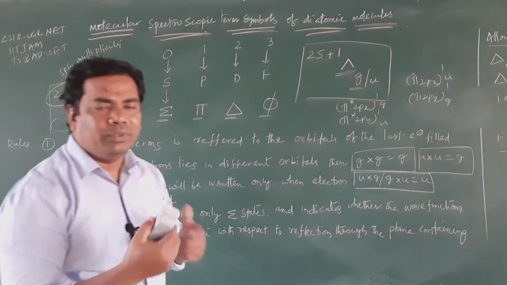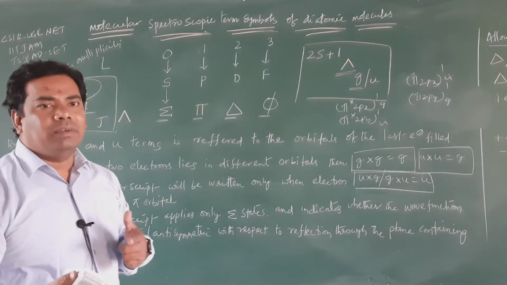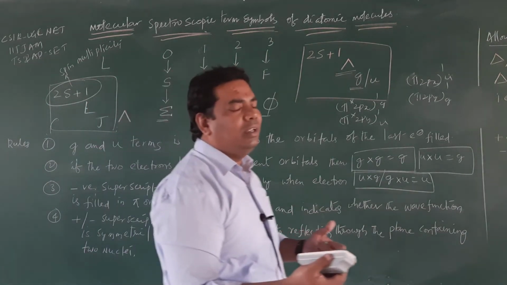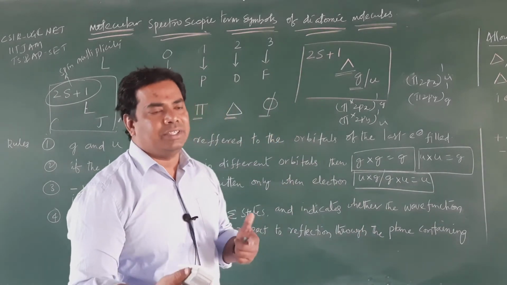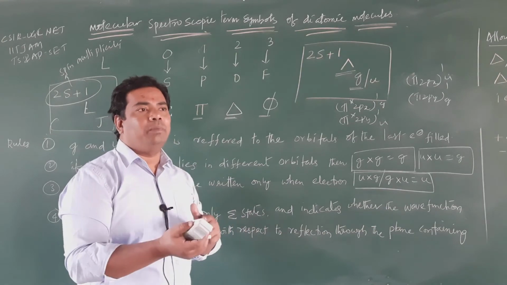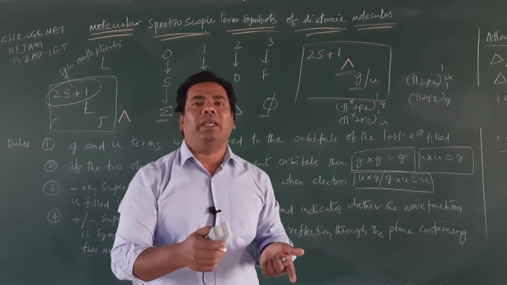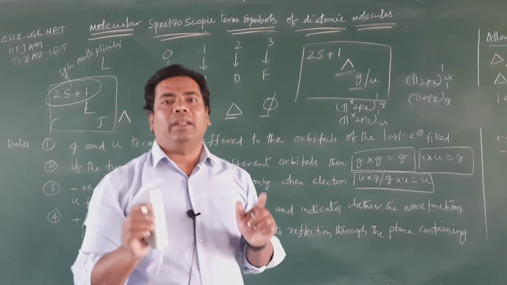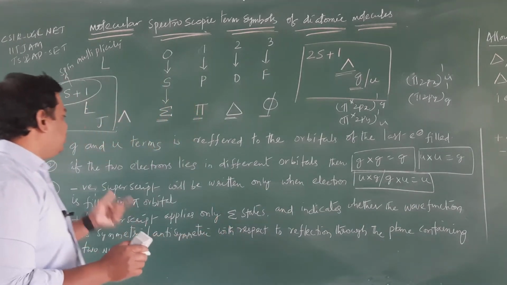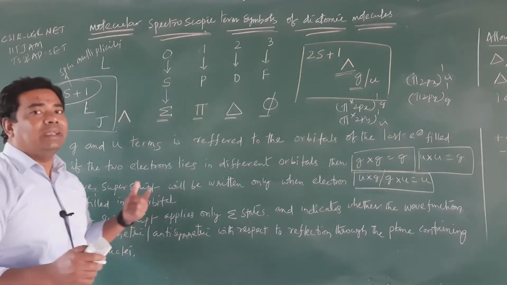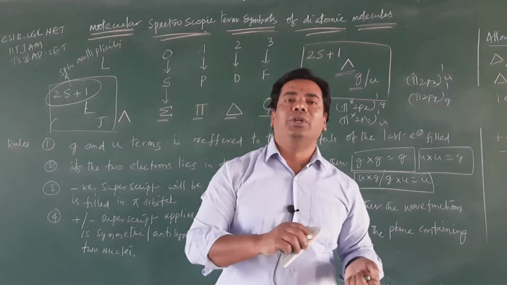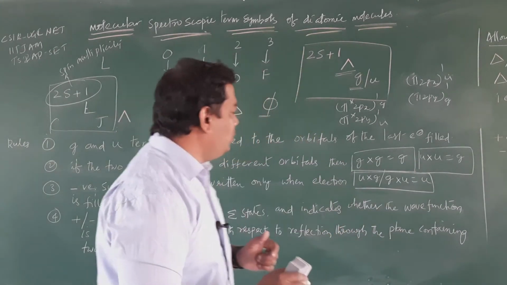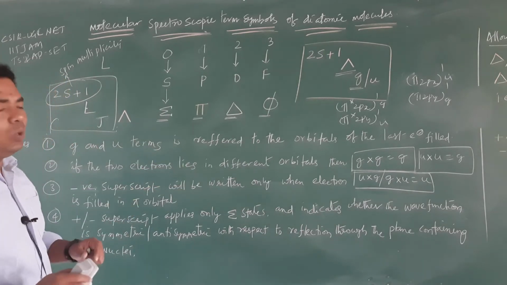So if g is multiplying with g, you get gerade. If ungerade is multiplying with ungerade, we get gerade. But if g is multiplying with u or u with g, we get ungerade only. So if the two electrons lie in different orbitals, we can multiply g into g, u into u, g into u or u into g. Clear. This is rule number 2.